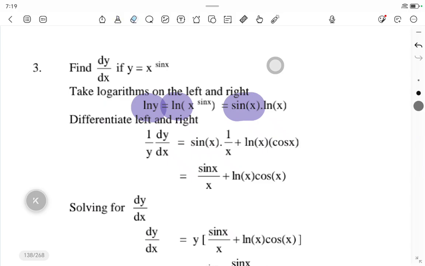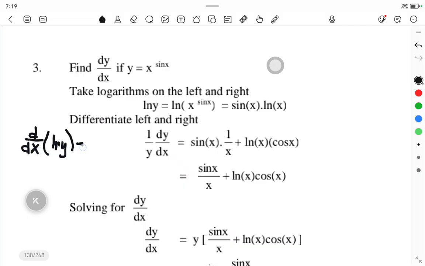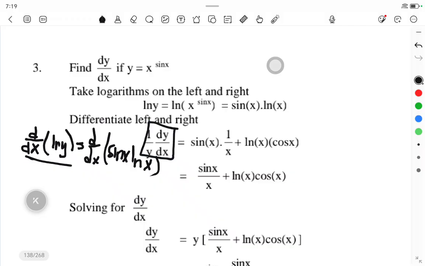Now after doing that, we can introduce the derivative on both sides. We're going to say the derivative of ln y will be equal to the derivative of sine x times ln x. On this side, we're just going to get 1 over y times dy over dx, and on this side we must now use the product rule.